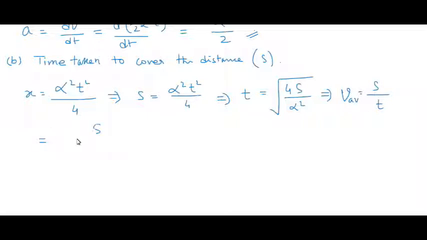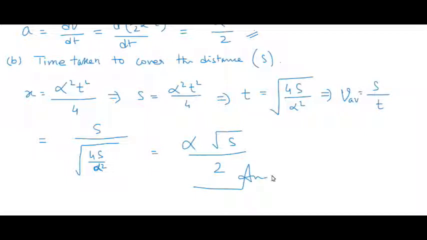Total distance is s itself, and the time we have found out here. So under root 4s, we'll put the value of time here, and solving it, what will it become? Alpha, this is alpha, and root s upon 2. This is your average velocity.